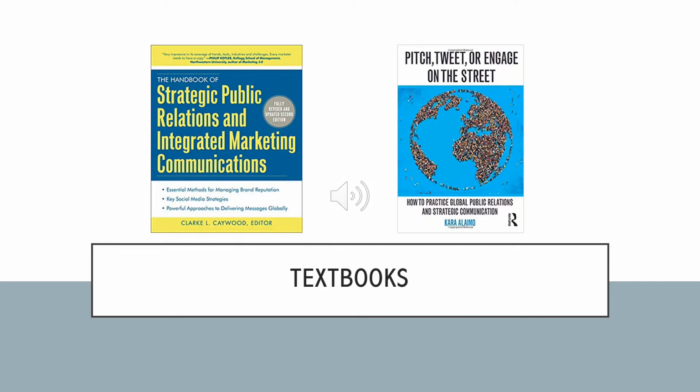As we go through the semester, you'll find that much of the content from the handbook for strategic public relations, the Kaywood text, is a bit older, but it's important to this course because it provides the foundation that is needed. And then once you get into Pitch, Tweet, or Engage on the Street, you'll find that the content is a lot more current, and you'll get information and best practice from people working in the field.